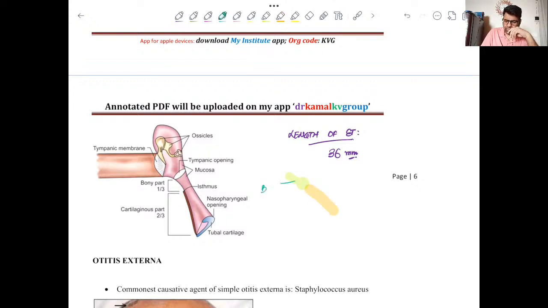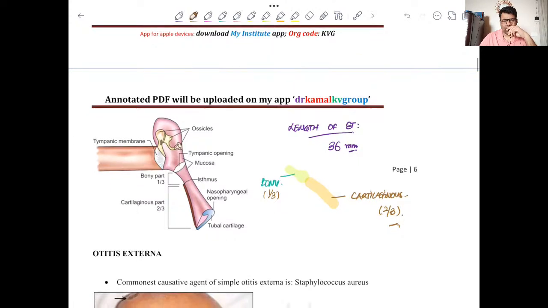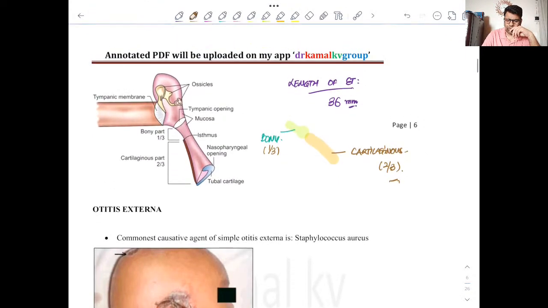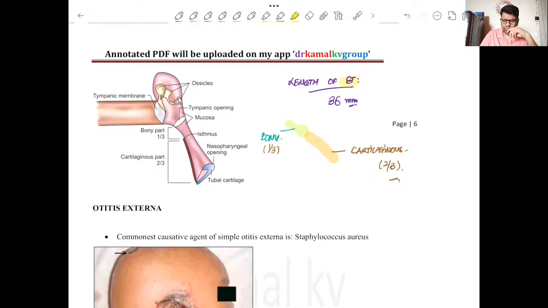So this is bony and this is cartilaginous. So here bony is 1/3 and cartilaginous is 2/3. Now you can recall external auditory canal as well, where the cartilaginous was 1/3 and bony was 2/3. So here it is reversed. Clear? So just make sure that you don't mix up between the two.